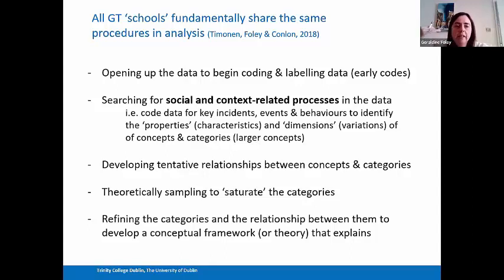But the key elements of it are coding for process, key incidents, events and behaviors in the data, which give you concepts. Larger concepts become categories. And the explanatory framework comes out from explaining the relationship between these concepts and categories. And the end stage of a grounded theory research is refining the categories and the relationship between them, which is actually what builds or develops a conceptual framework.